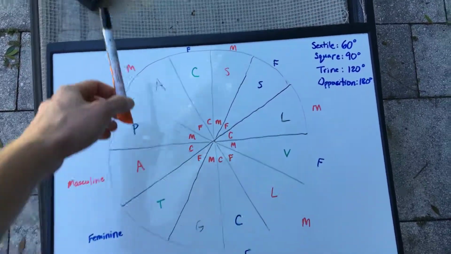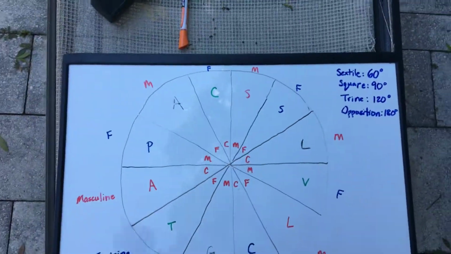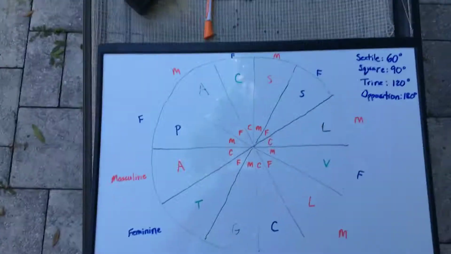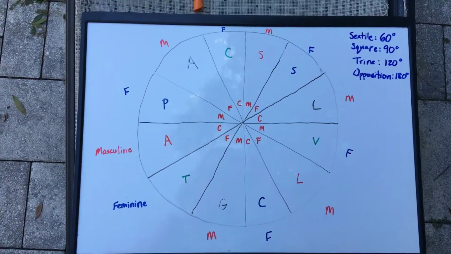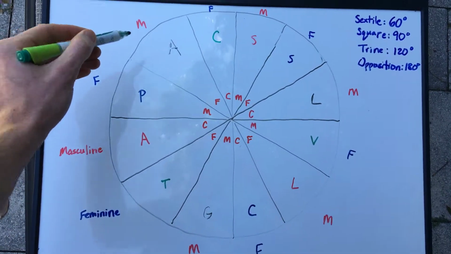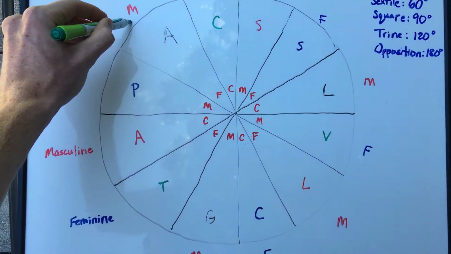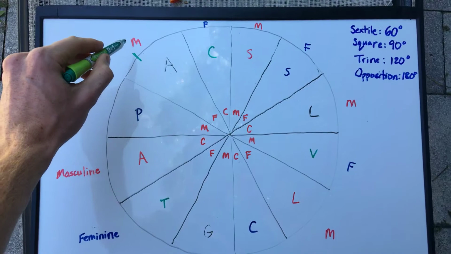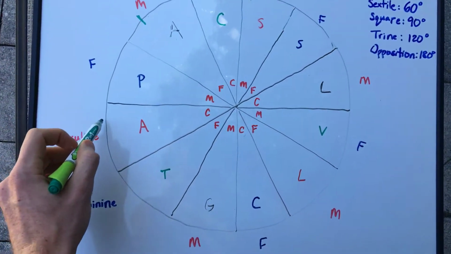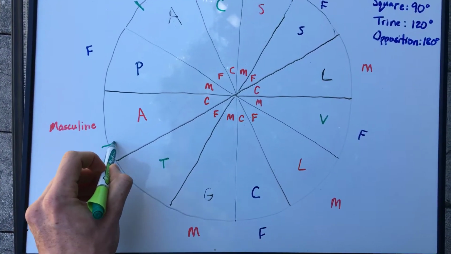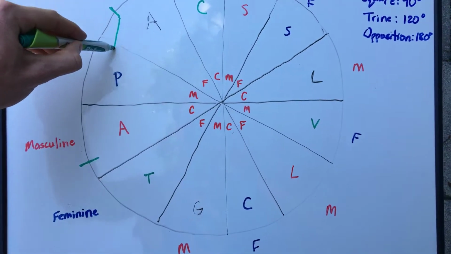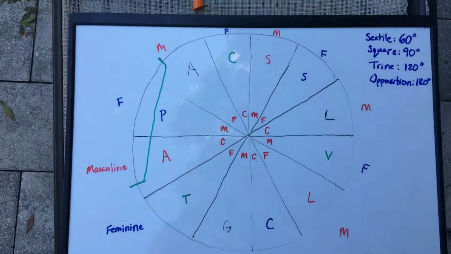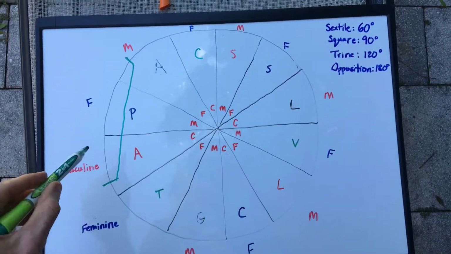So for a sextile, what we'll be looking for is the nearest sign of the same polarity. So let me show you. If we had a planet at about 20 degrees Aquarius, a masculine sign, and a planet at about 20 degrees Aries, a masculine sign, then this would create a sextile of 60 degrees from masculine to masculine.